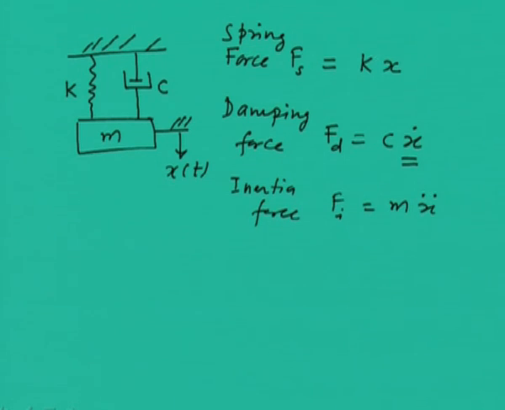From here you can make out, because the unit of force is Newton and displacement has unit meter, the stiffness will have unit Newton per meter, and velocity has meter per second, so damping will have unit Newton second per meter.